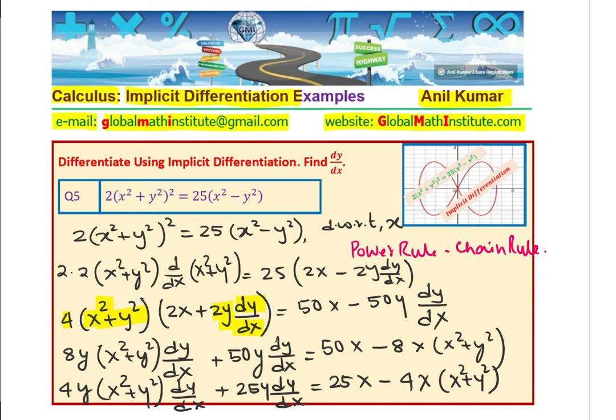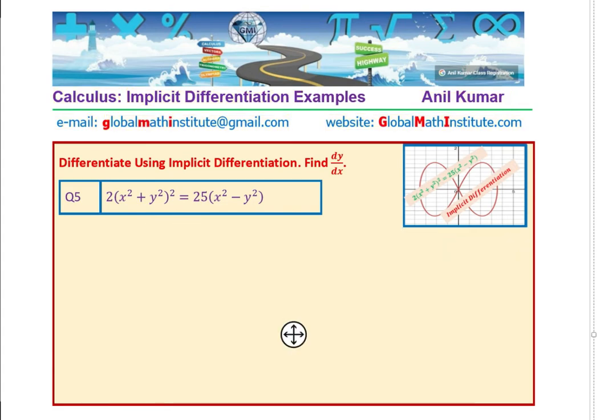So we'll take these terms to the next page and then do it. So on the left hand side, we have 4y times x squared plus y squared dy dx. That's my first term.